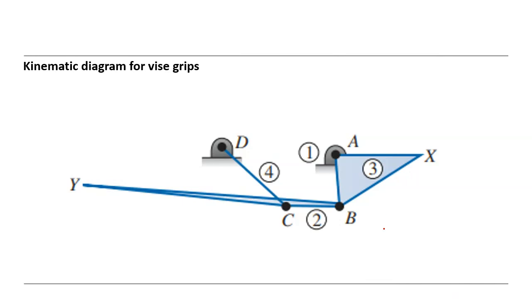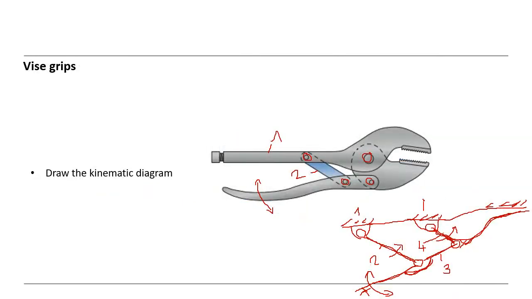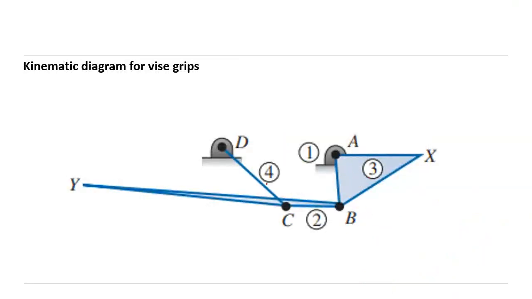It could be, I mean, you can give different numbers to different members. This is not a big problem, but it's a 4-bar mechanism, A, B, C, D. We can also say this is A, B, and C, and D, like this, A, B, C, D. Okay.